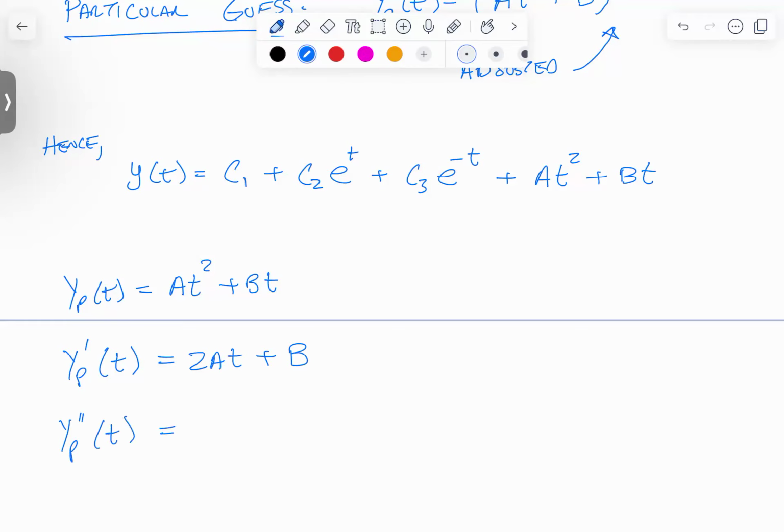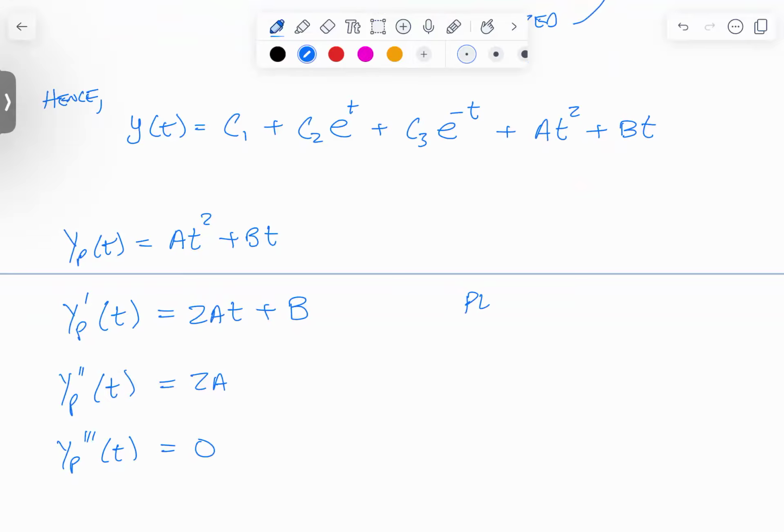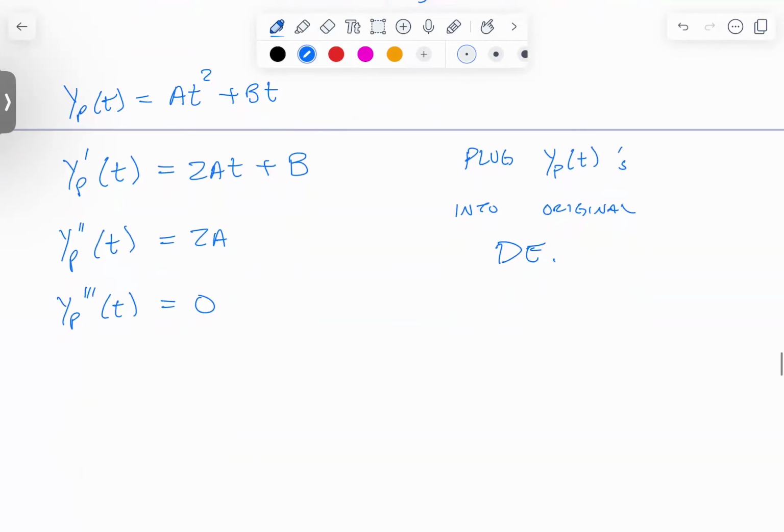And this is where solving for the constants gets even worse because we have to do this multiple times. And we plug those into the original differential equation.